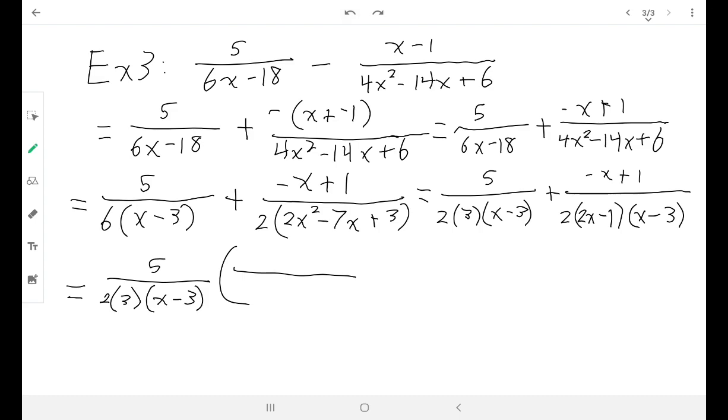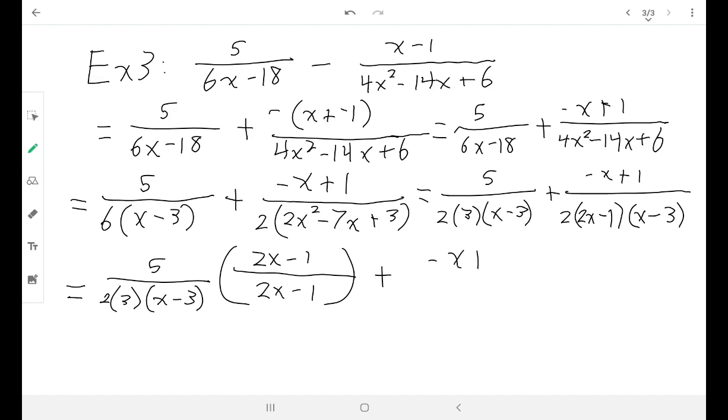No 3 or any other numbers over here. They both have an x minus 3, so I don't need to worry about that. But over here, there's that additional 2x minus 1, and so I'm going to have to put that in because I don't have that yet. And so now I'm going to have the 2, the 3, the x minus 3, and the 2x minus 1, and I'll have everything. Okay?